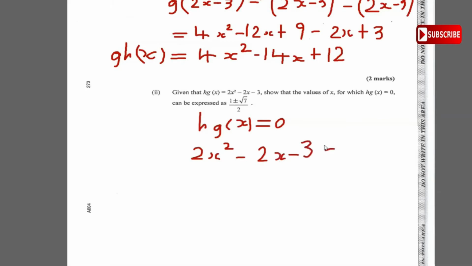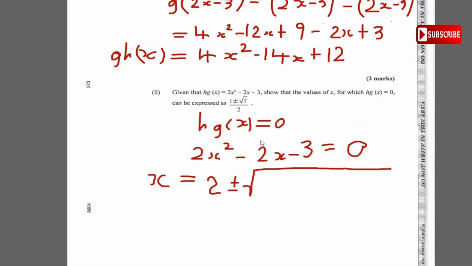Now, if this is the equation that we're solving, this is a quadratic equation that looks like it's not easily factorized. So we can just go straight away to the quadratic formula. And the quadratic formula is minus b, so it's minus minus 2, which is 2, plus or minus the square root of b squared.